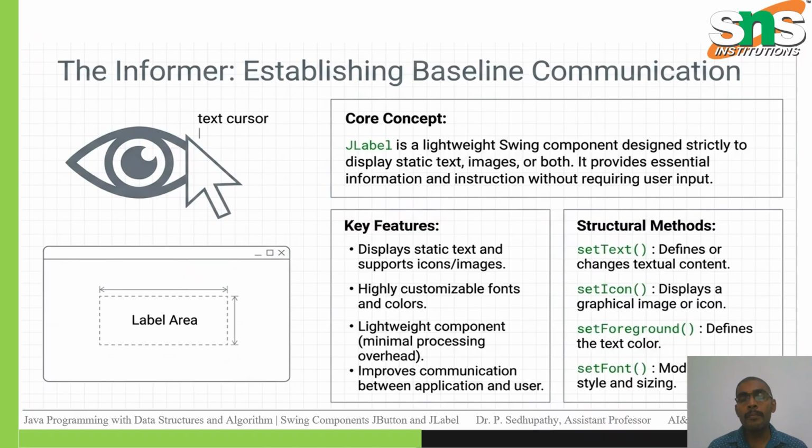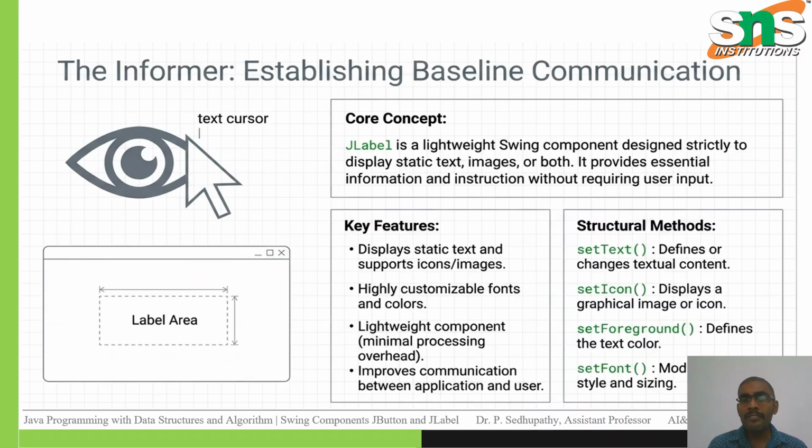It may be an image, it may be text, or it may be a combination of image and text. It provides essential information and instruction without requiring user input. It just displays the content, that's it. The user cannot make any modifications on the JLabel component. So this is termed the swing informer.